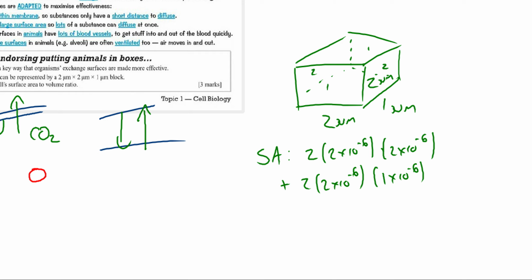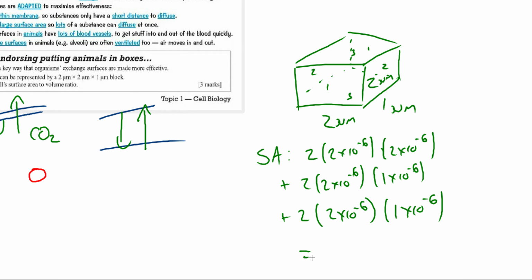And finally, we calculate the top and the bottom, surface 3, which is 2 times 10 to the minus 6 times 1 times 10 to the minus 6. Plugging those into the calculator, you will get the following.